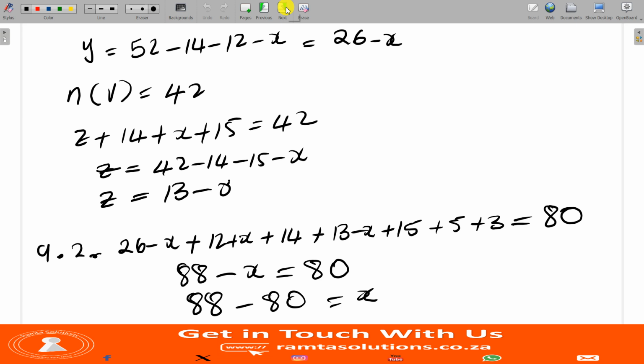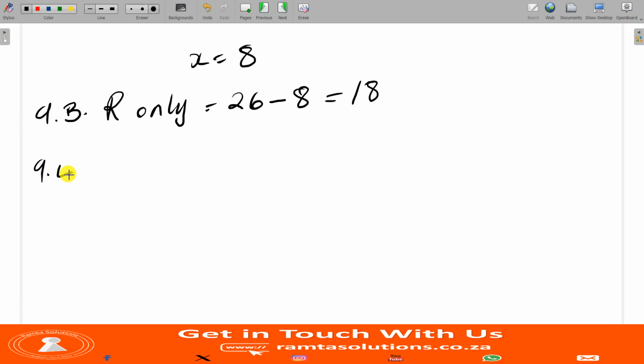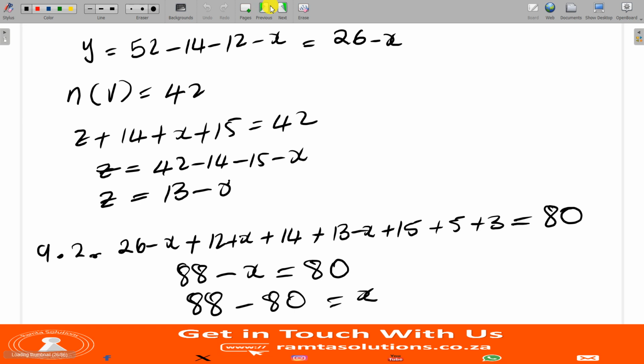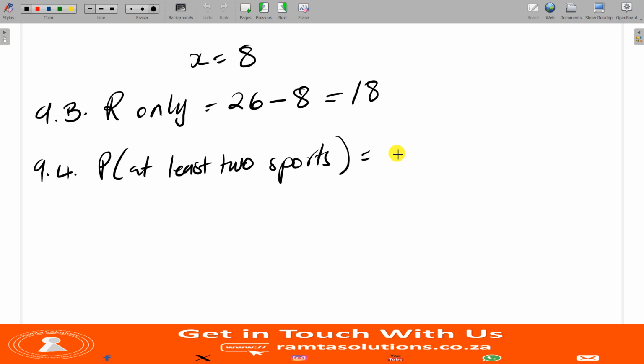So probability of at least 2 sports is 12 plus x, it was 12 plus 8 plus 14 plus 15 all over sample space.